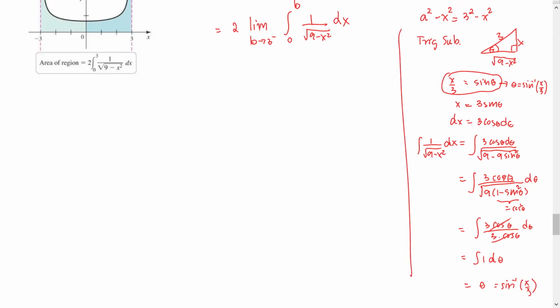Back to the main part of the integration. So the improper integral is 2 times the limit as b approaches 3 from the left. The antiderivative that we just got is the inverse sine of x over 3, evaluated from 0 to b.